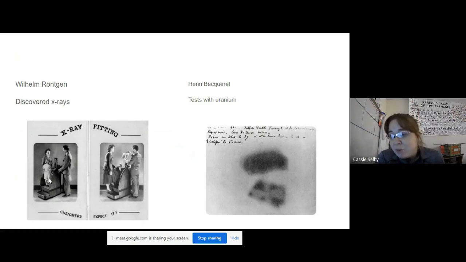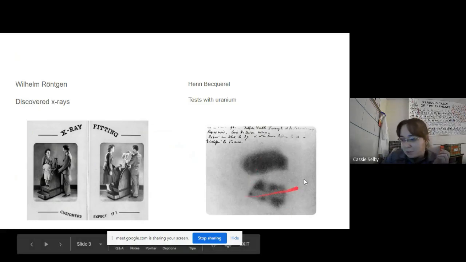So one of the first people that started doing tests with things and figuring out that we had a weird phenomenon here was Henri Becquerel. He started doing all kinds of things with uranium, and one of the things he did was put film paper underneath some other papers, with the uranium sitting on it, and when that happened, it made these marks on the paper.